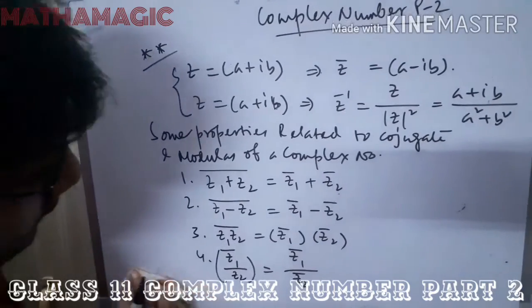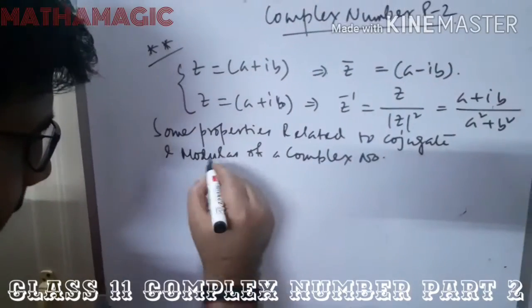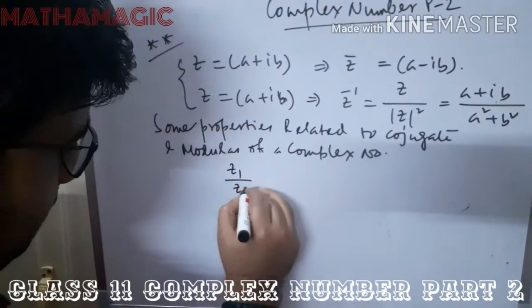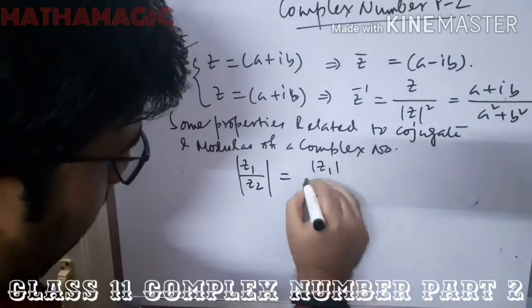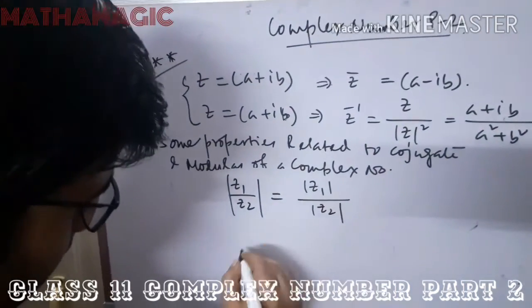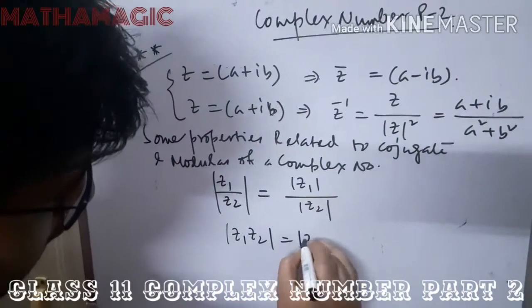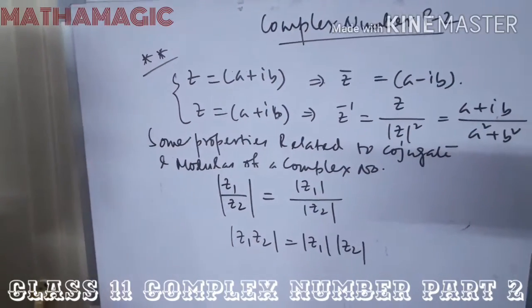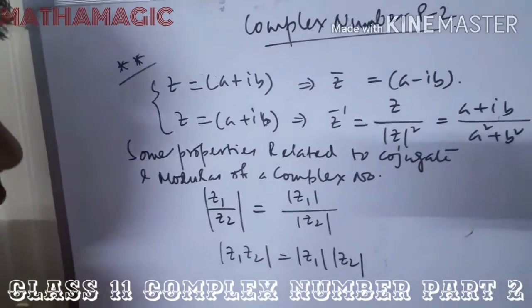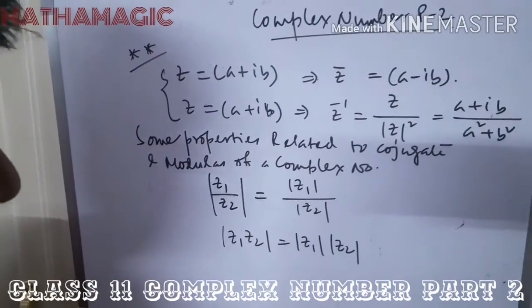So the modulus related properties are like this: mod of z1 by z2 is equal to mod of z1 by mod of z2. And mod of z1 z2 is equal to mod of z1 into mod of z2. These are the two main properties which are used in problem solving. There are several other properties too which are less used.